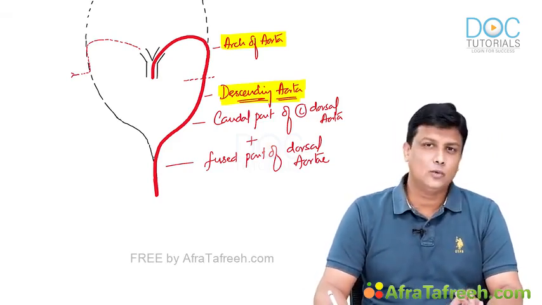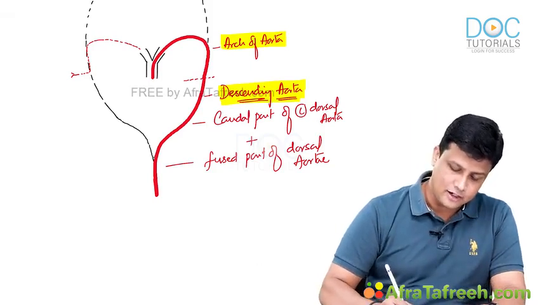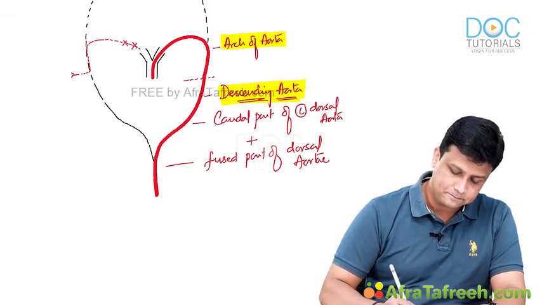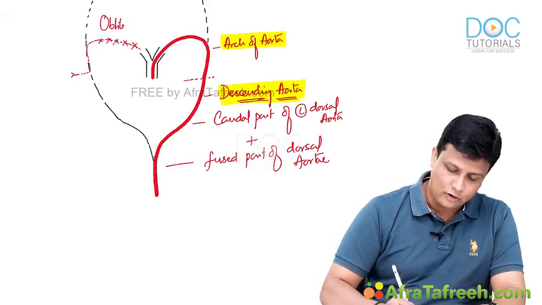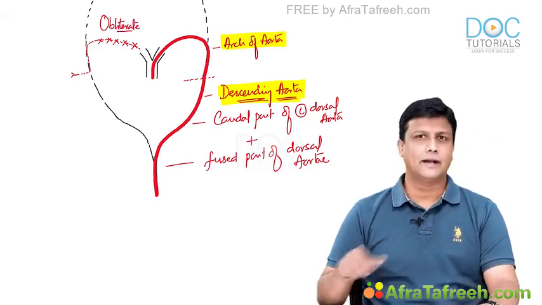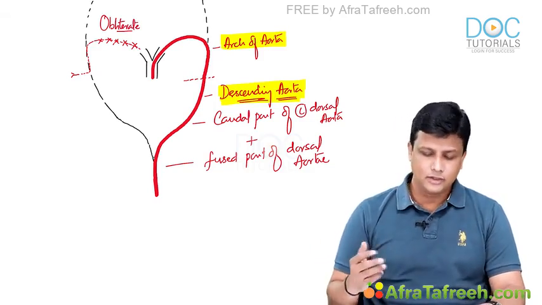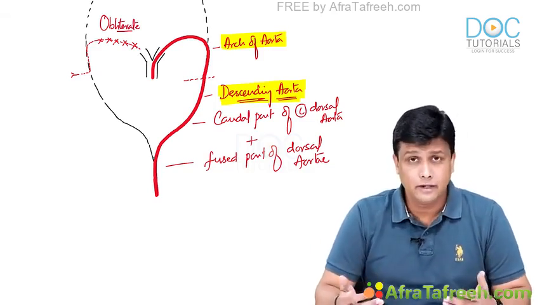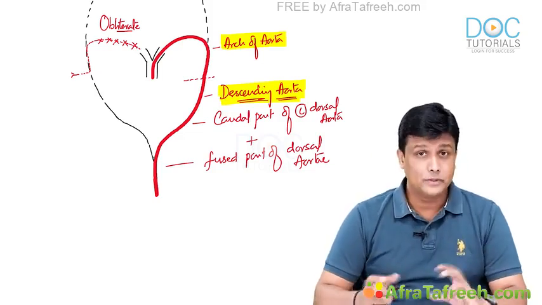But unfortunately, in some people the right fourth arch artery will obliterate. Just try to apply that practically in your mind. If the right fourth arch artery obliterates, then how is the right subclavian artery going to get the blood? There should be some alternative arrangement.